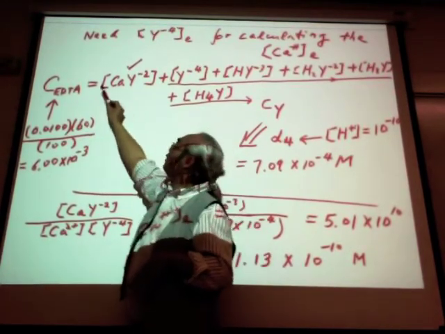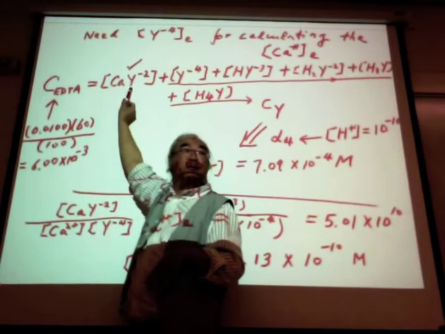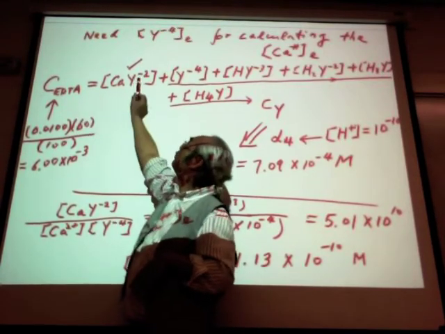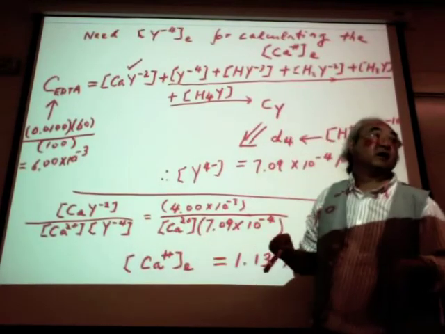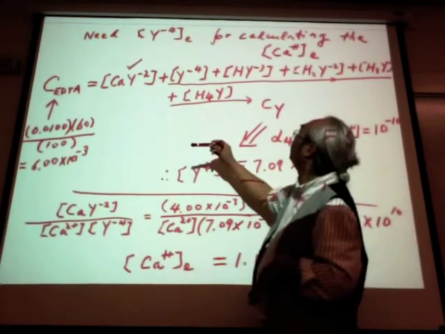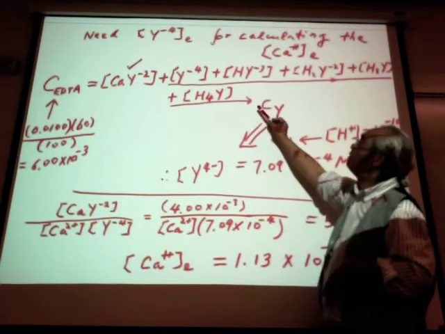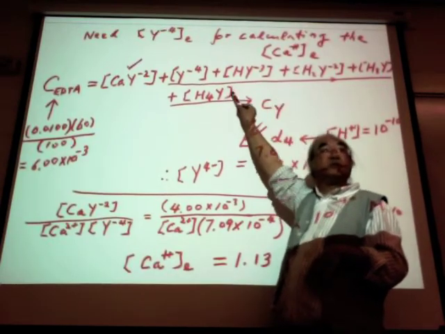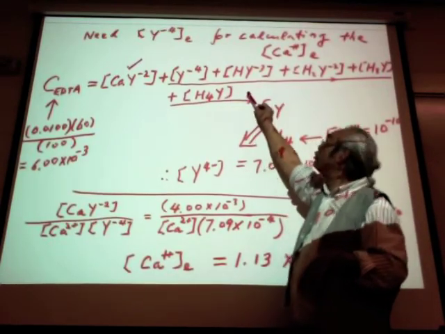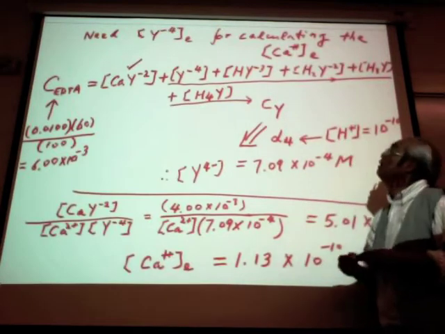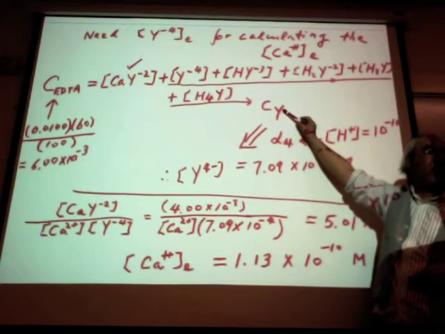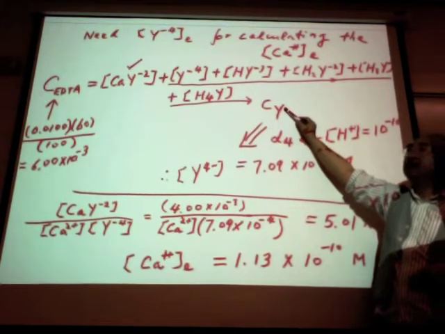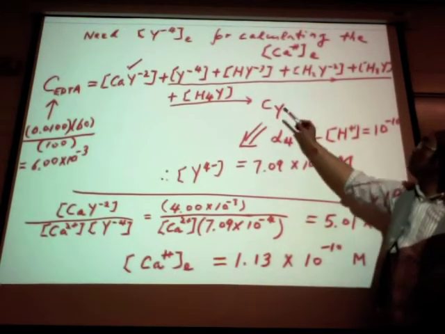So the difference between the two, this total subtract that, is equal to Cy at equilibrium. So this Cy represents how much is left at equilibrium in the mixture. Okay, so this Cy becomes a numerical value. Then what about this total?